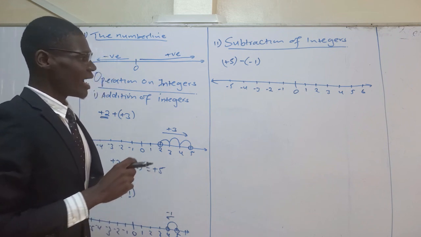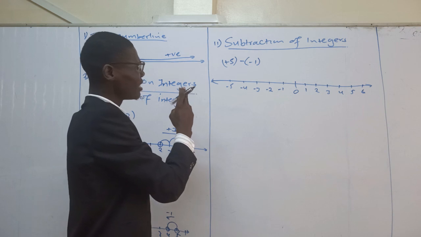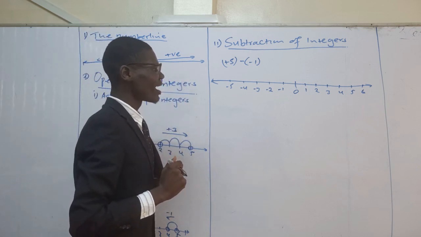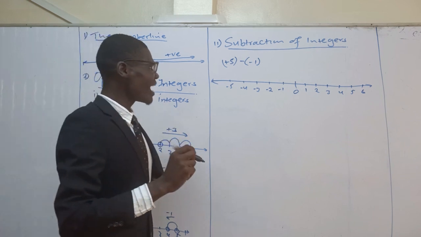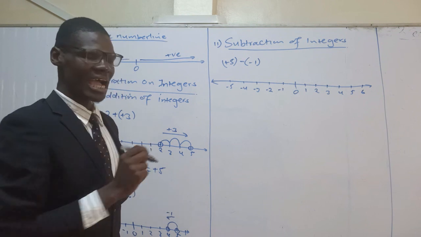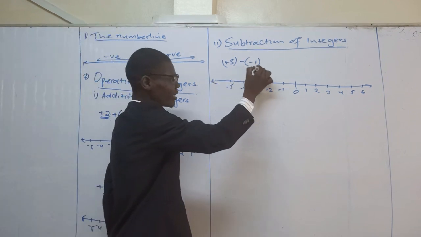Now, I am subtracting a positive 5 from that negative 1. I go where the number being subtracted is. In our case, the number being subtracted is negative 1.